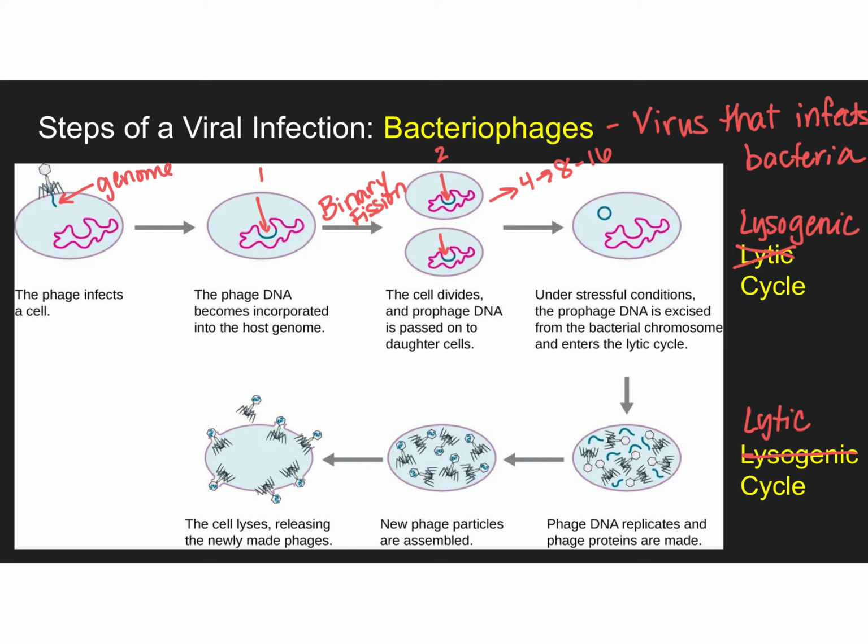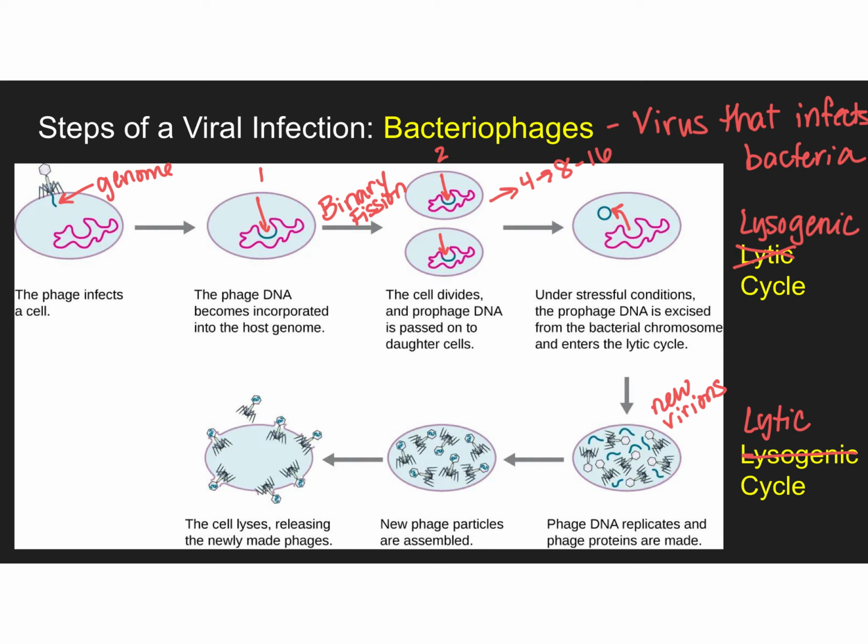Now, under certain conditions, the prophage, or the DNA from the bacteriophage, can actually be removed from the bacterial genome, and the DNA replicates and these phage proteins are made. So essentially here, now we are making new viral particles. So new virions are being made. And those viral particles are assembled inside the cell.